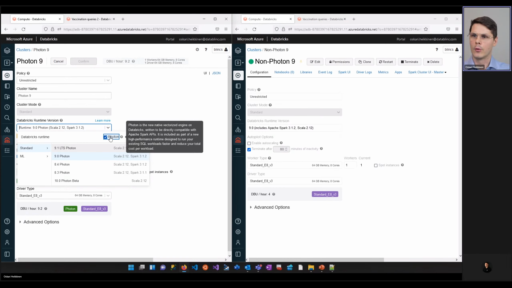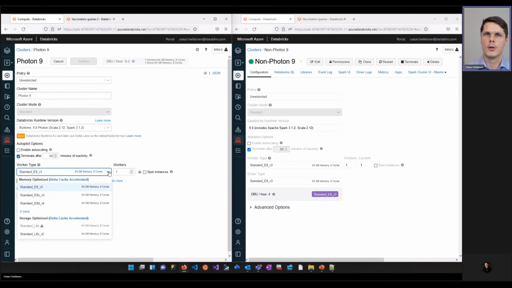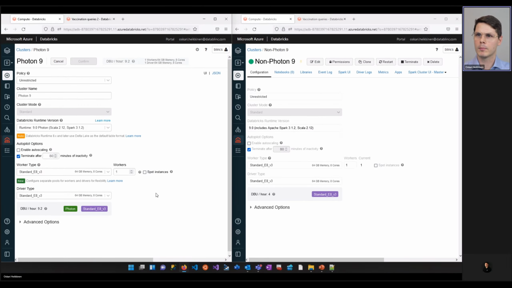With that, you get Photon for your execution engine, and it will limit the different runtimes you will have available, but also the different kind of hardware that you can use. So there are very limited VM types currently available for Photon use cases. So currently, that's one limitation in the preview phase.